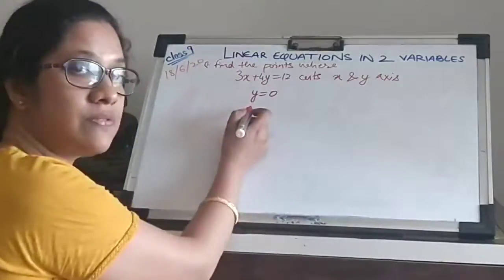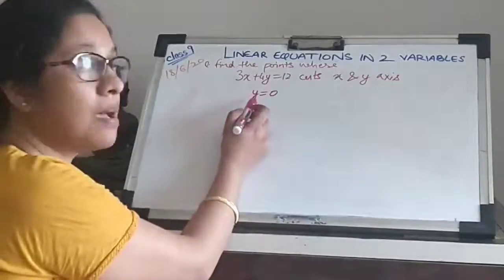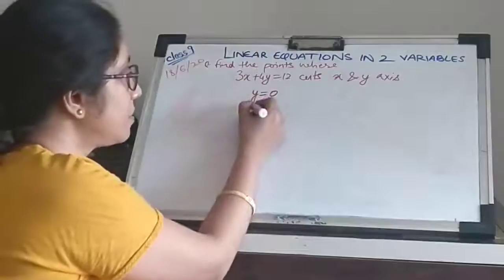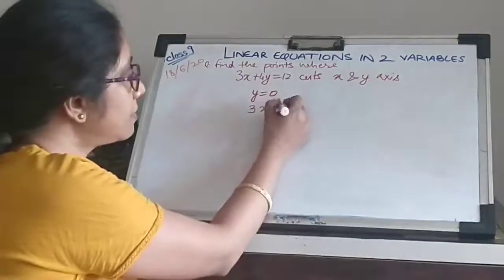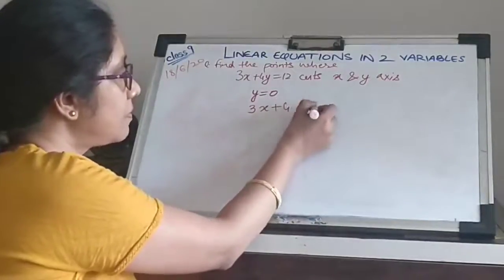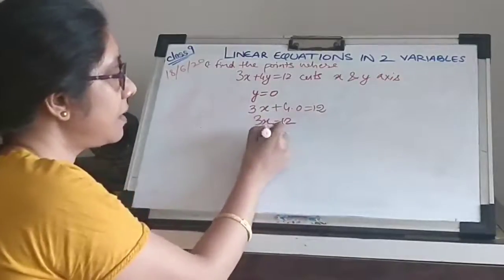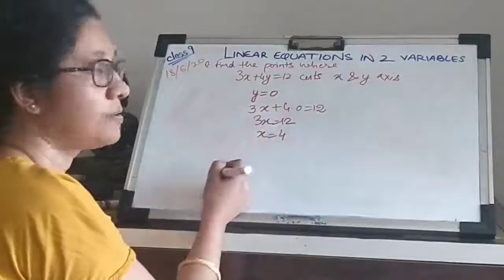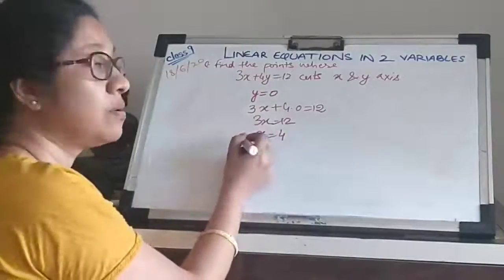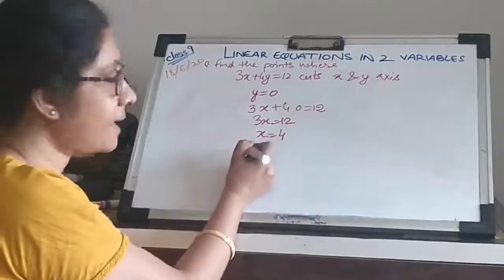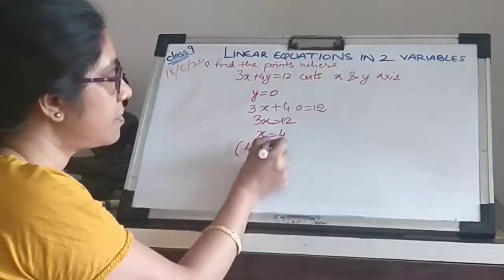So all we need to do is find the corresponding value of x by replacing y equal to 0 in this equation. 3x plus 4 times 0 equal 12. That is 3x is 12 and x is 4. So the point at which the line intersects the x-axis is (4, 0).